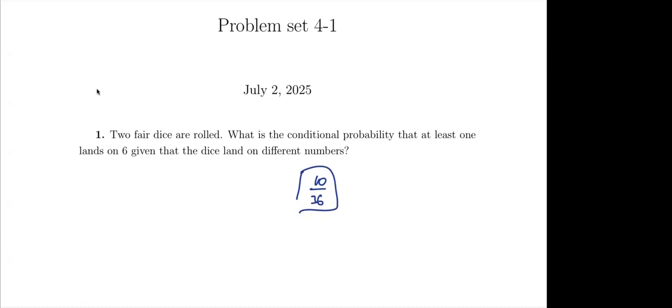Is it 10 over 36? 10 over 36 is the answer you suggest? Okay, can you explain? I think the sample space is just 36, but the event is one is 6 and the other is 1 to 5, and this happens times 2, I think.